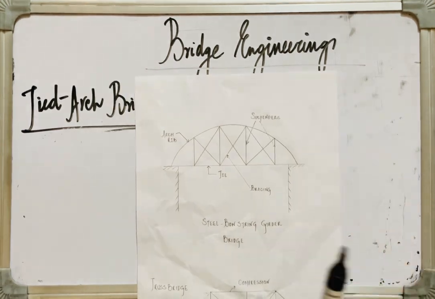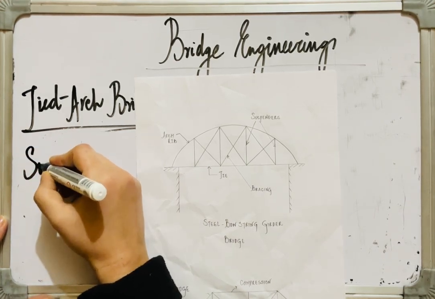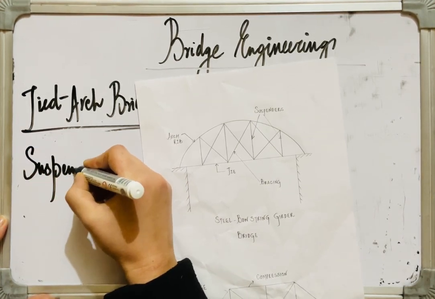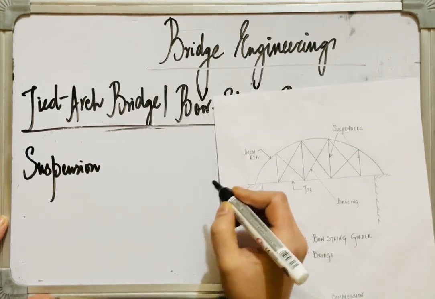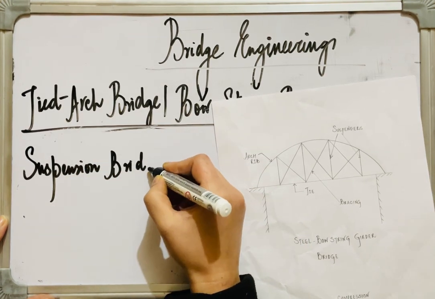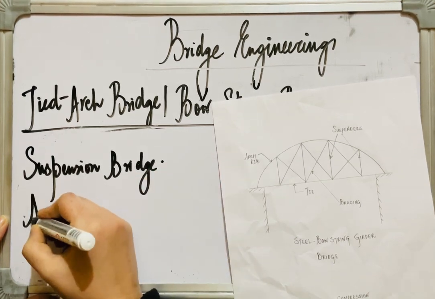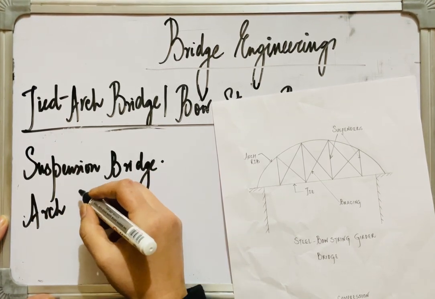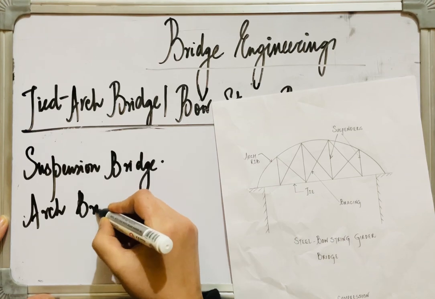So in case of a tied arch bridge or a bowstring bridge, the characteristics of suspension bridge and arch bridge are combined together.